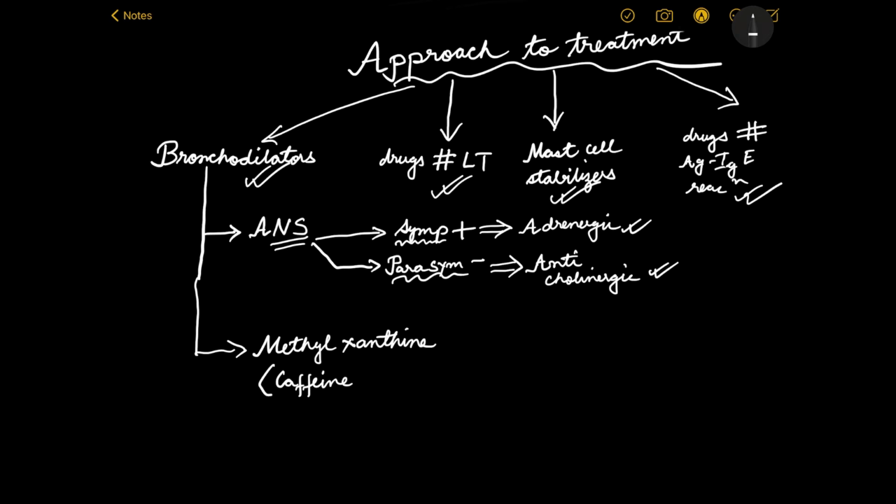So caffeine is a methylxanthine. Methylxanthines actually have a power of bronchodilation. How? We'll come into the details of that. But it's actually not caffeine which is a bronchodilator, although caffeine is a methylxanthine, but primarily the methylxanthine which is concerned with bronchodilation is theophylline.